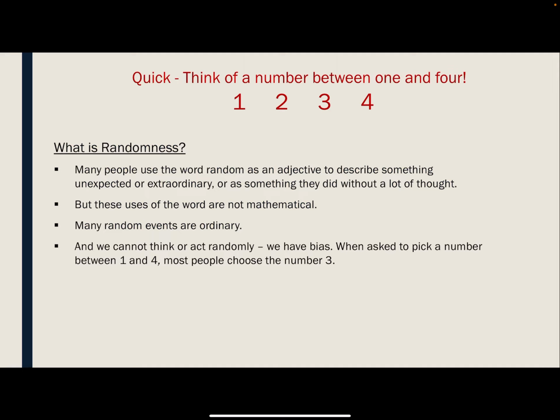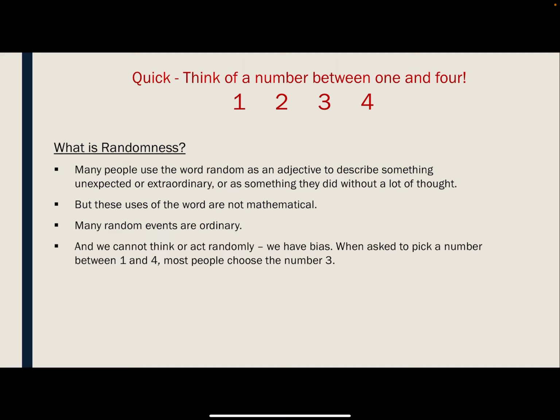But you can't actually do something without thought. We all have bias. So, for example, most of you probably picked the number 3. Unless you've heard of this, and then you maybe picked the number 1 because you know that most people are going to pick the number 3. But the most popular numbers that are chosen when you ask people to choose between 1 and 4 is 2 and 3.